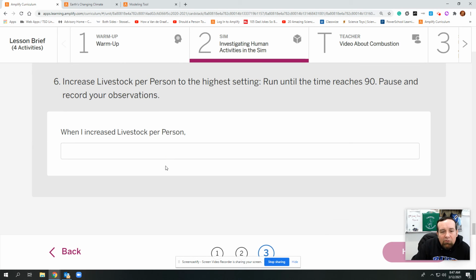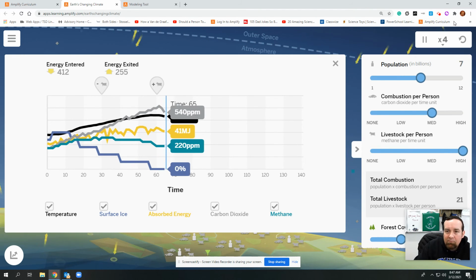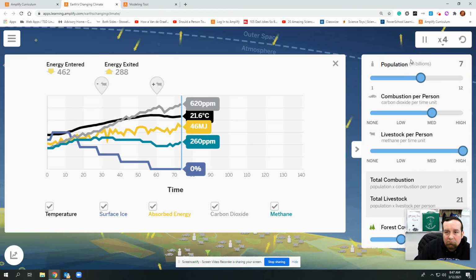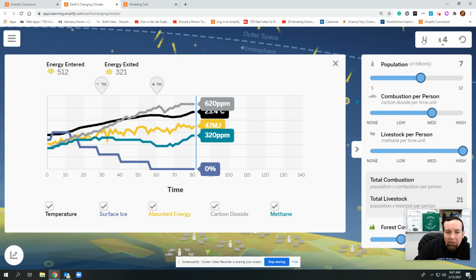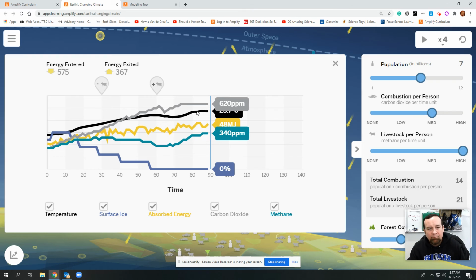Now we are going to do that same thing, but we're going to crank the livestock all the way up. And we're going to push play till we get to 90 and see what happens. Maximum carbon dioxide has been reached. All right, so that's pretty good there.